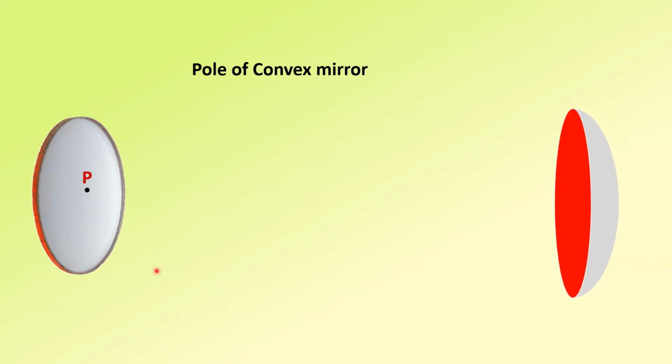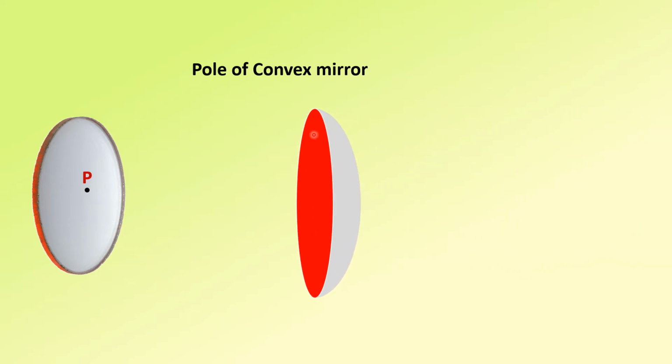Let us locate the pole of a convex mirror also. This one is the convex mirror. In the middle it is bulged out, so you can guess easily where its pole will be, that is the midpoint. So this is a convex mirror this side.